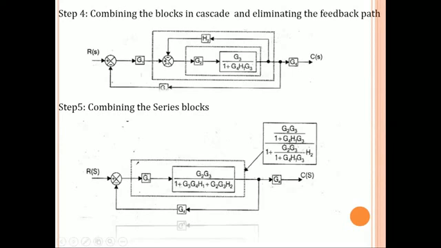So we can use the formula G divided by 1 minus GH, right? This value is G and this value is H. By substituting in the negative feedback, we can reduce this block into this value. Along with the summing point only we are replacing.